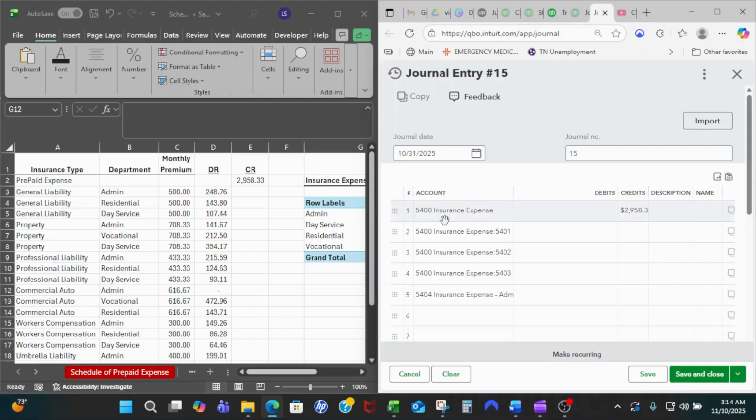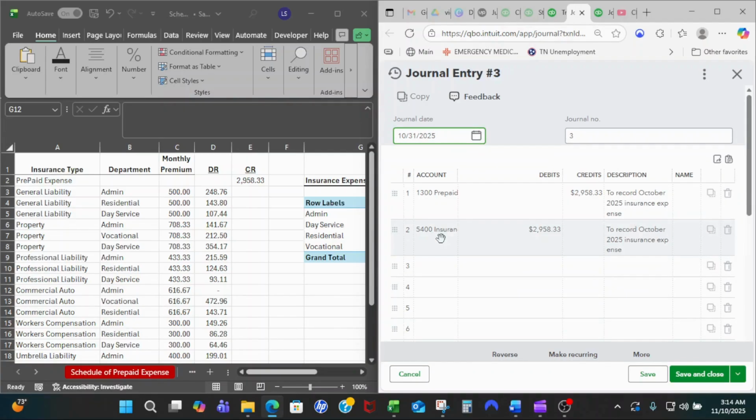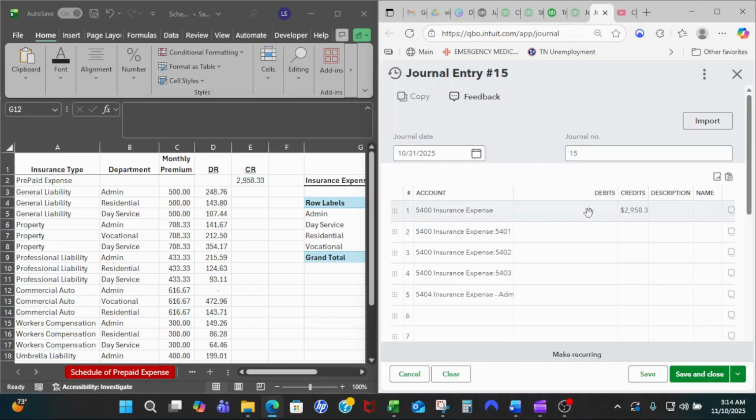So notice here, I have the prepaid expense, or the insurance expense, in one line. So what we want to do is take it out of 5400 with a credit, and then we want to allocate it by its different departments.